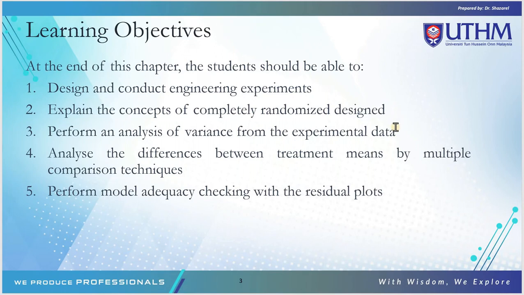And then thirdly, perform the ANOVA test, which is the analysis of variance, from the respective experiment. And then conduct the multiple comparison test for the experiment. And lastly, perform model adequacy checking with the residual plot.